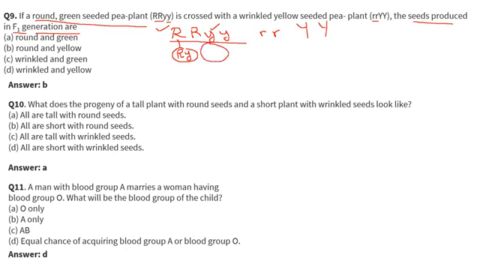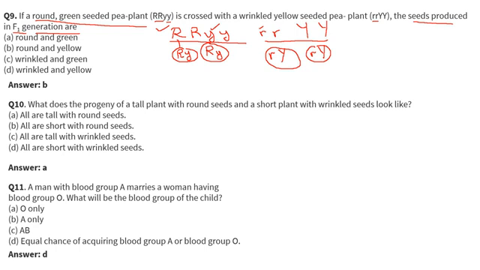The other gamete will also have capital R and small y. And what about this? Here, the small r stands for the wrinkle character and capital Y stands for the yellow character, and all the gametes will have small r and capital Y, r for wrinkle and Y for yellow, right?